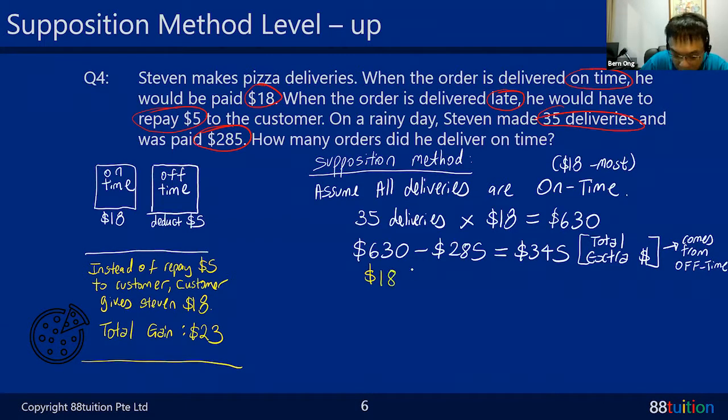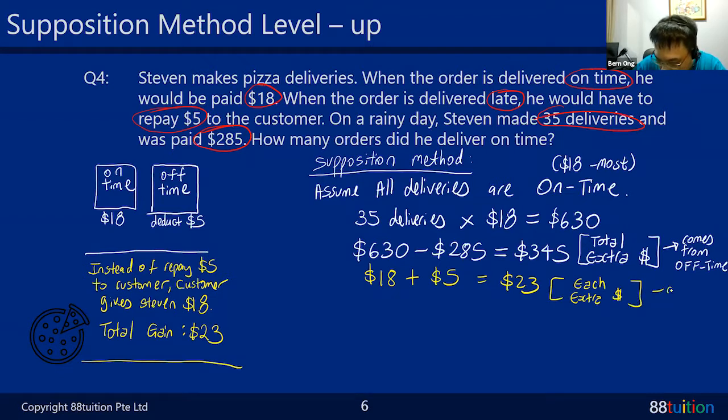Instead of minus, you have to plus down here. Compared to the supposition method, is $23 for each off time order. This one comes from the off time. Each of them. So now your question is, inside your 345, how many each off time are there?